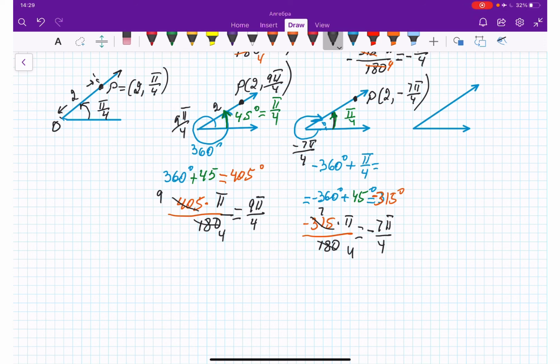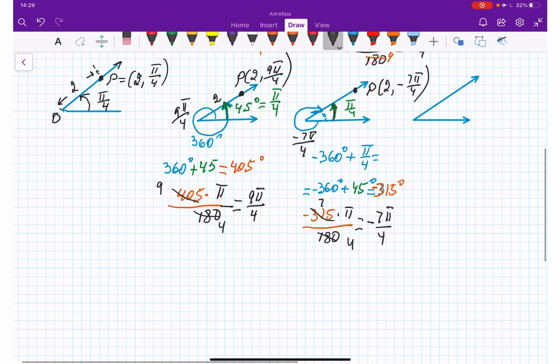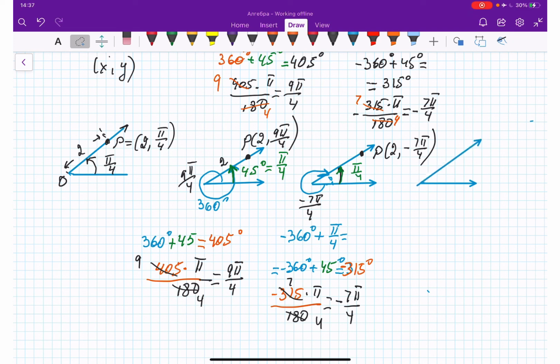And lastly, let's see, our side is going this way. Let me provide an arrow here. So we are going to have negative 2. This is point P. Let's see what angle it's going to generate.